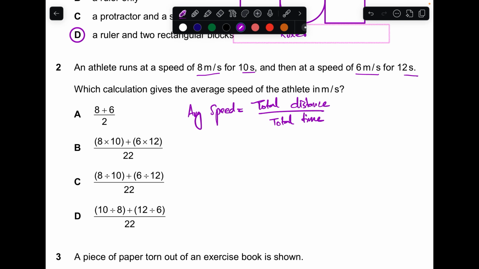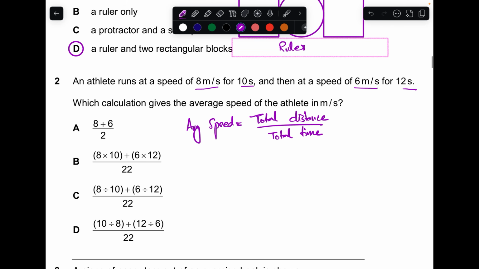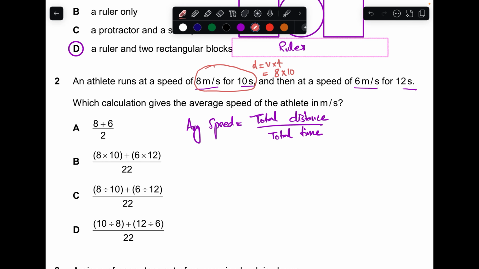Okay, so what we have to find is the total distance. First, the speed was 8 and the time was 10. We know distance is equal to speed into time. So this will be 8 into 10 and this distance will be 6 into 12.